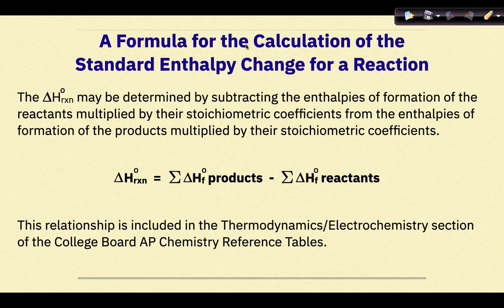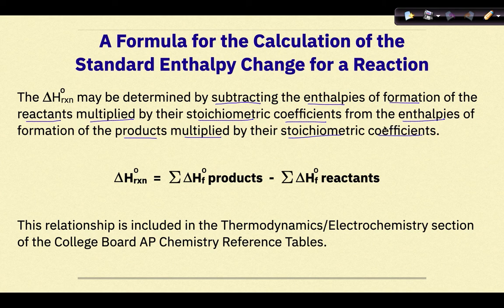A formula for the calculation of the standard enthalpy change for a reaction: the delta H of reaction at the standard state may be determined by subtracting the enthalpies of formation of the reactants multiplied by their stoichiometric coefficients from the enthalpies of formation of the products multiplied by their stoichiometric coefficients.